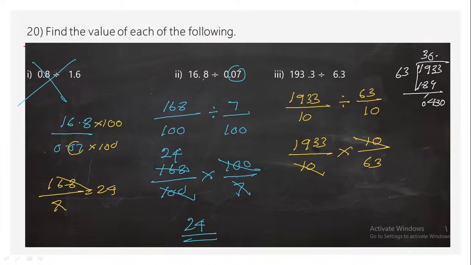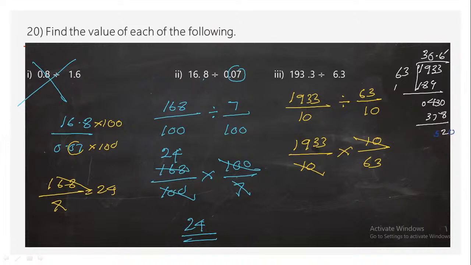So 0, then 430, it is nearly about 6. 6 times 63: 6 times 3, 18, 1 remaining; 6 times 6, 36 and 1, 37. Then subtract, 10 subtract 8, 2. 12 subtract 7, 5.